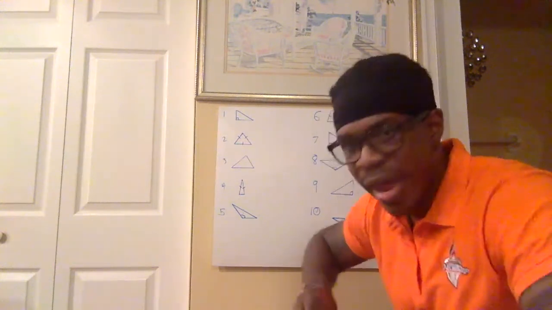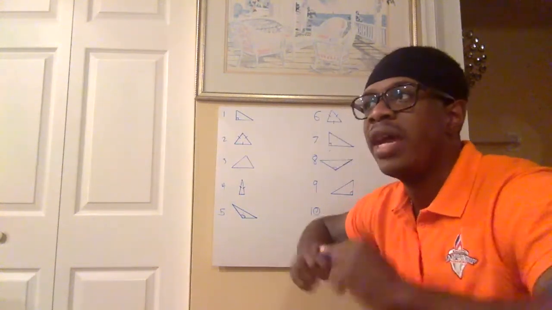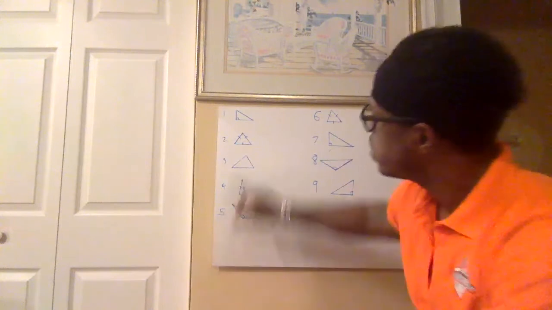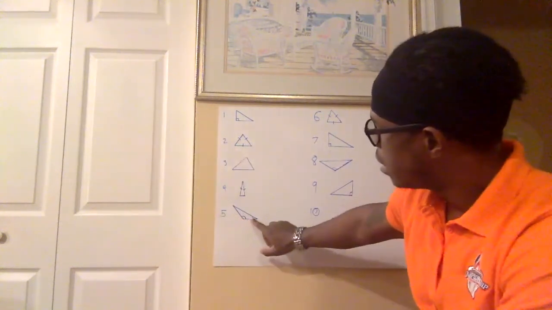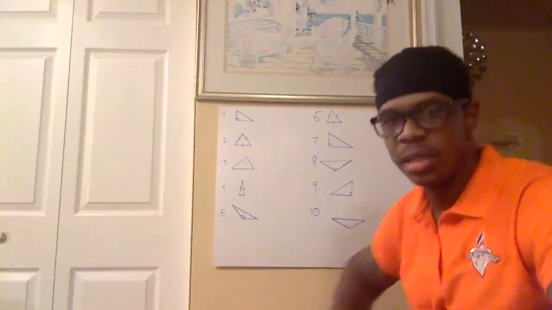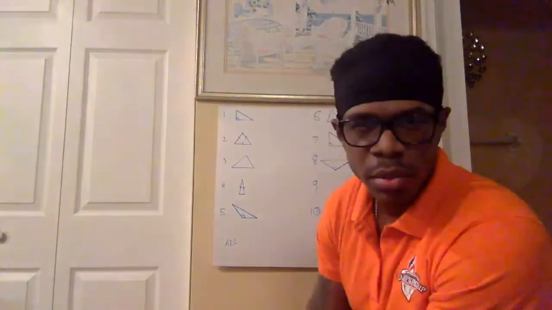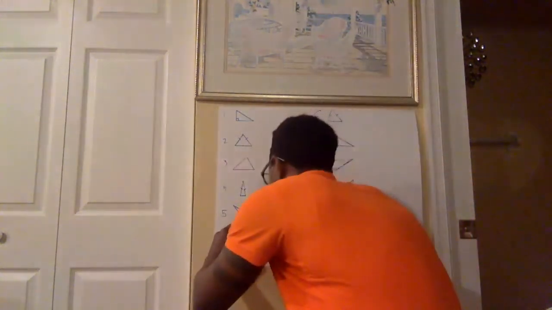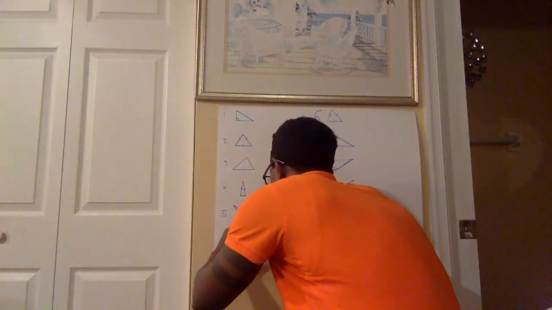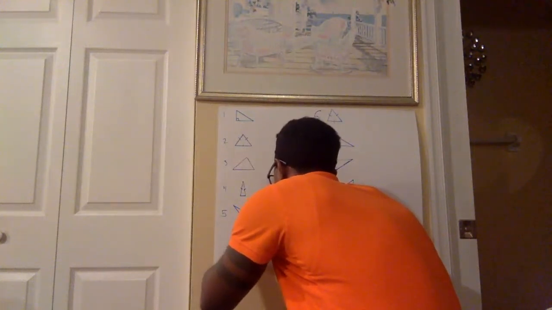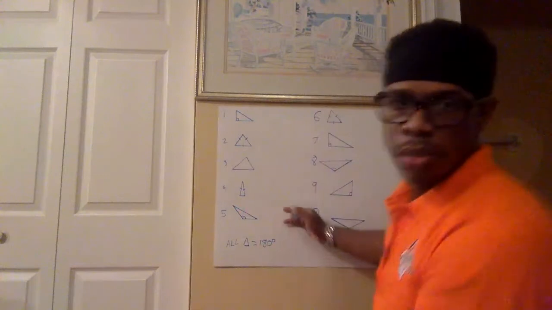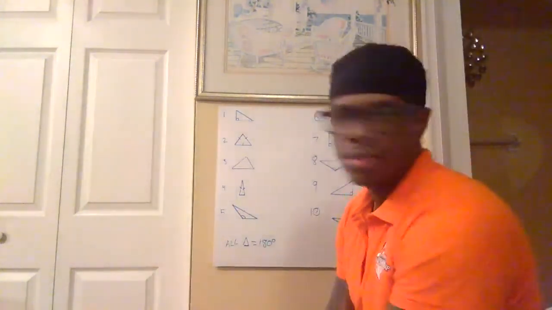Now I want to talk about the angles. Now, every triangle, when you add up the angles, it always equals 180 degrees. I can't even write it because it's going to be backwards, but all triangles equal 180 degrees. All triangles equal 180 degrees.